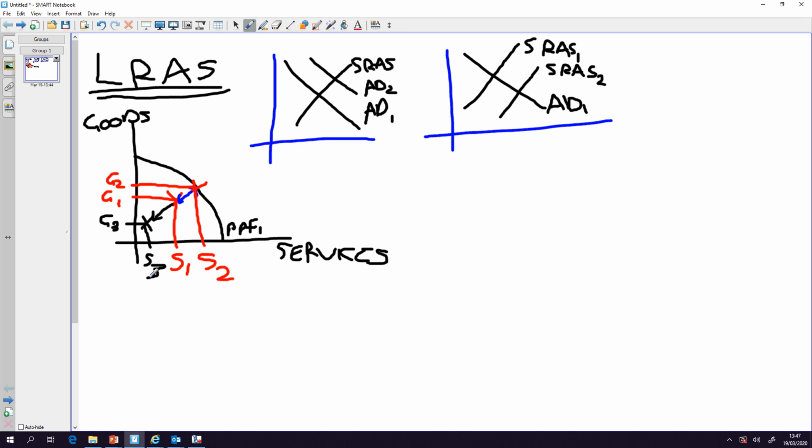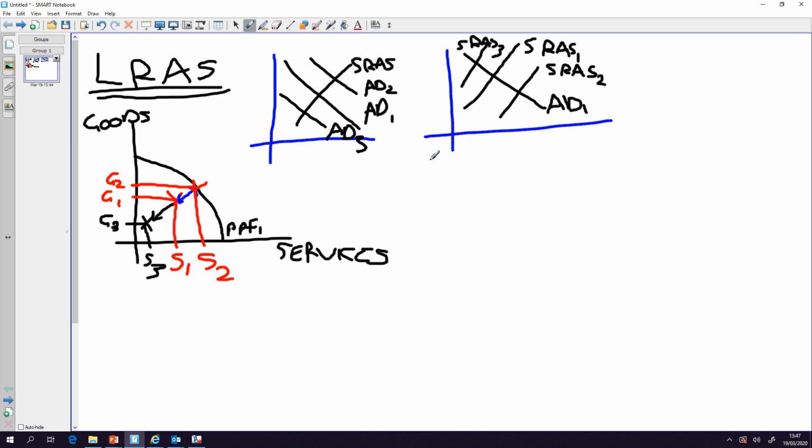And we'd have an even bigger spare capacity in the economy. Now, to move from G1S2 to G3S3, it would be caused by either aggregate demand falling, or it would be caused by SRAS moving inwards. So what you've got there, everyone, are the causes of actual economic growth.